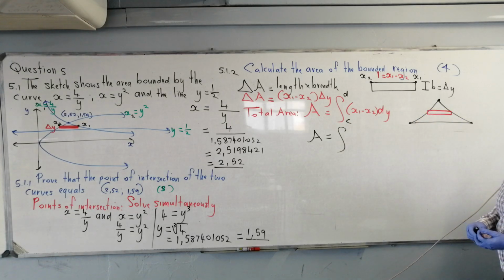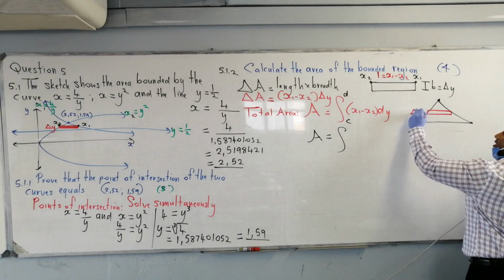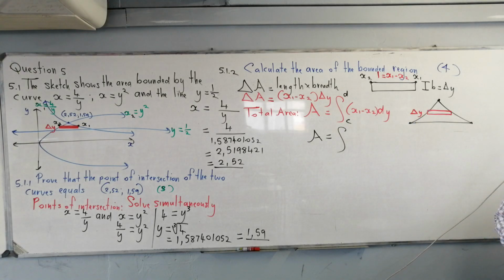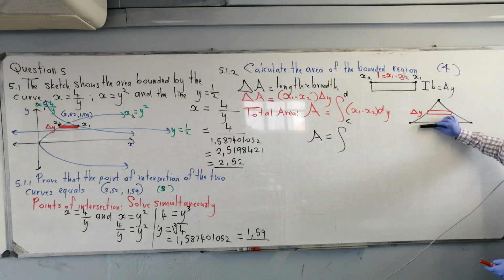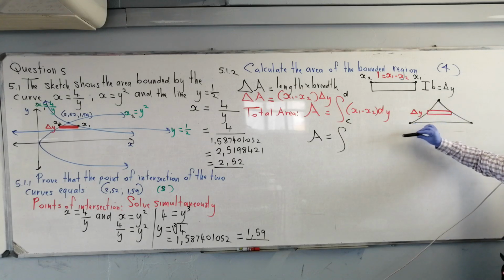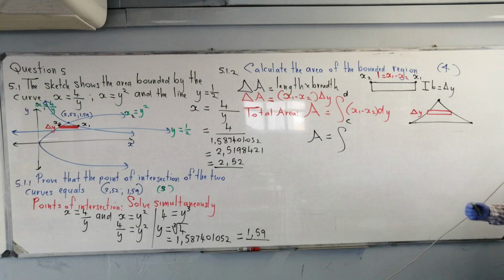Okay, so if we are integrating with respect to y, that means we need to know the highest point and the lowest point. The highest point here is this point, and if you move down, the lowest point is this y value. We are interested in the y values only.